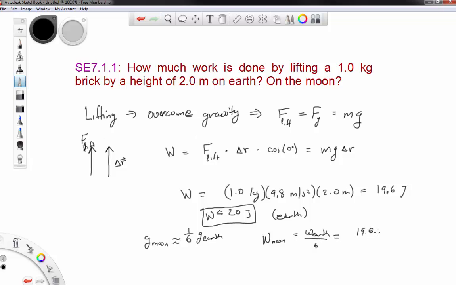We'll put in the 19.6 joules, divide that by 6, and we get about 3.27 joules. And again, we have 1 or 2 significant figures to work with, so this becomes 3.3 joules. Okay, so we've worked our first example. Let's go look at the next example.